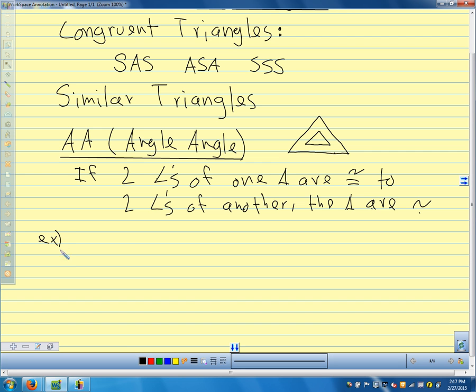Let's look at a couple of examples. So here are my 2 triangles. And on these questions, all of these questions that we'll ask when we talk about these theorems, are the triangles similar?